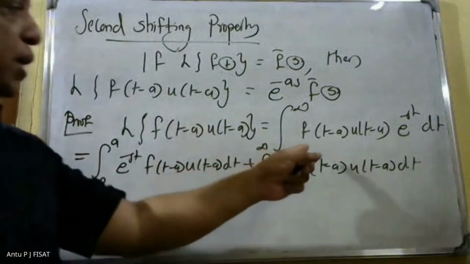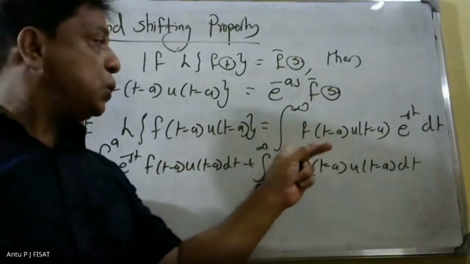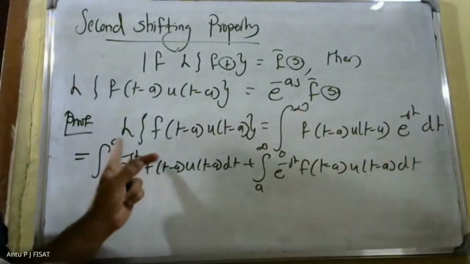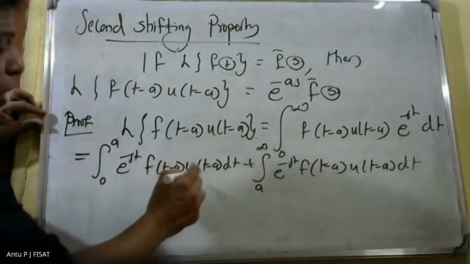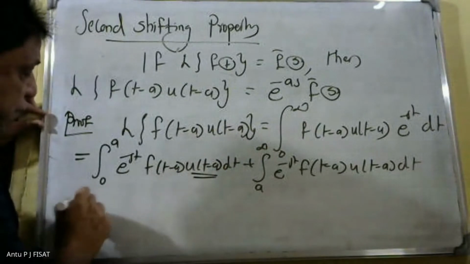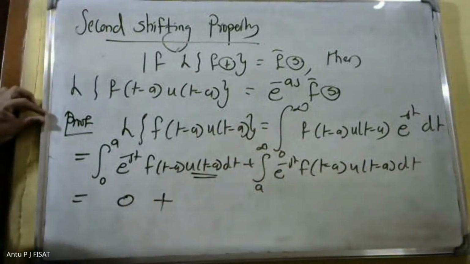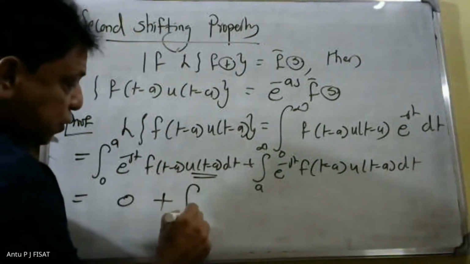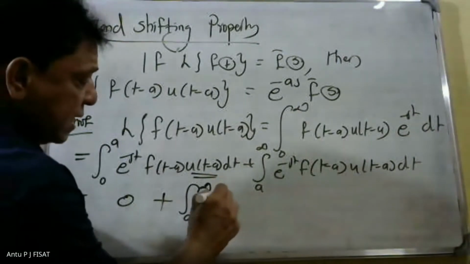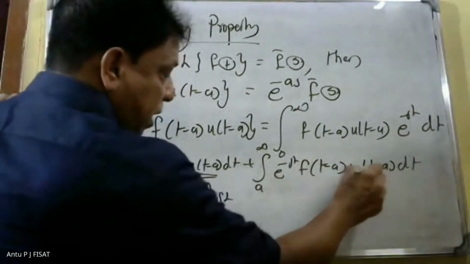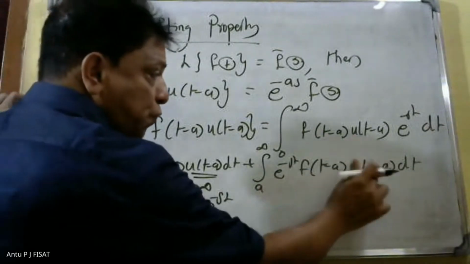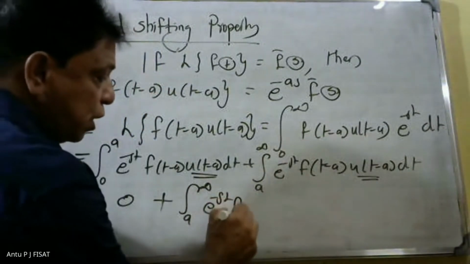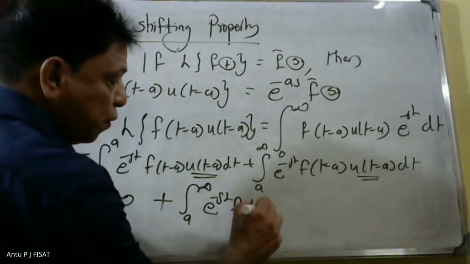In the case 0 to a, the unit step function will be 0. Therefore, the first part will be 0. In the second part, a to infinity, from the definition of the unit step function, u of t minus a is equal to 1. Therefore, we get e raised to minus st into f of t minus a dt.